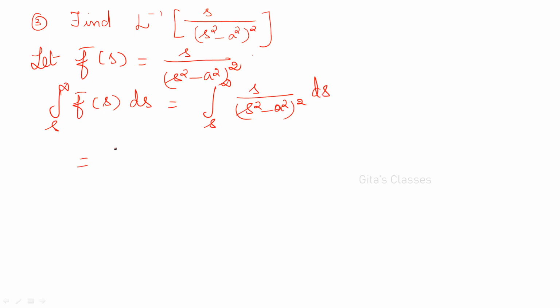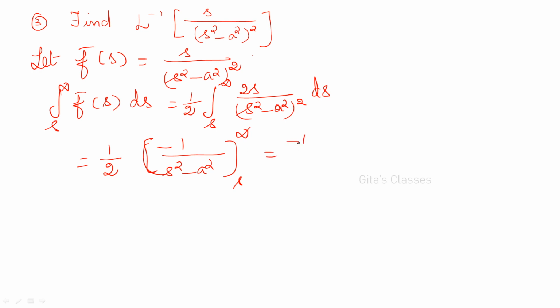Right? Now if you have 2 in the numerator, we can apply easily. So 1 by 2 into, directly I'll write, 1 by 2 into 1 by s squared minus a squared from s to infinity.